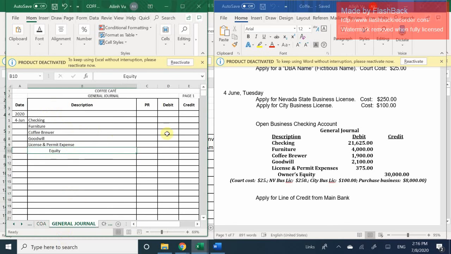Okay, so checking was 10,100. My furniture was 13,000. My coffee brewer was 15,010. Yeah. Goodwill was 19,100, and my license is 6,600.